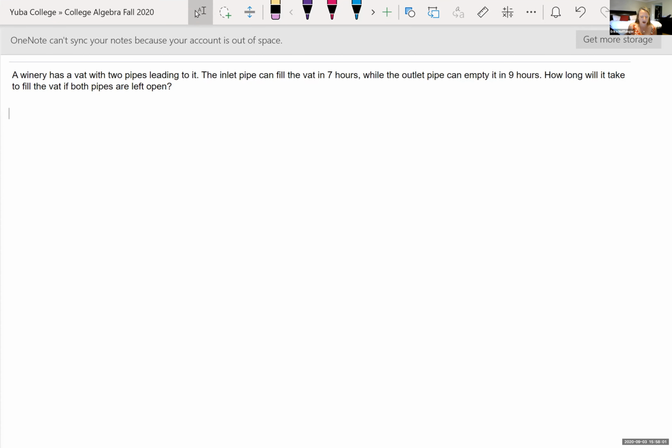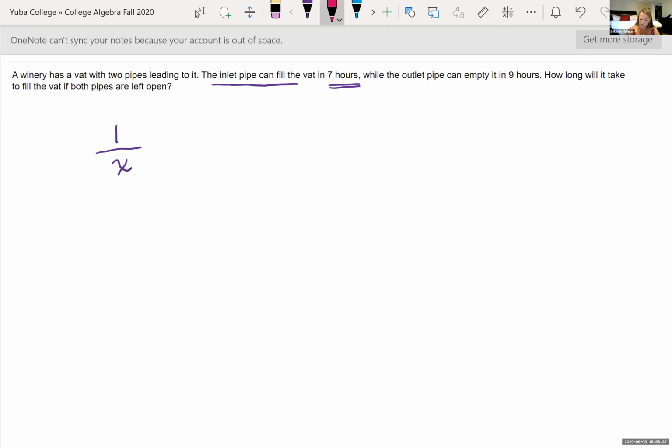Okay, so we got 2 things going on here. You have an inlet, and it can fill the vat in 7 hours. So I know that 1 over x, that's the time it takes to do the job by itself. But unfortunately, there was a pipe, my guess is it was accidentally left open, because why would we be filling it with it coming out, but who knows.